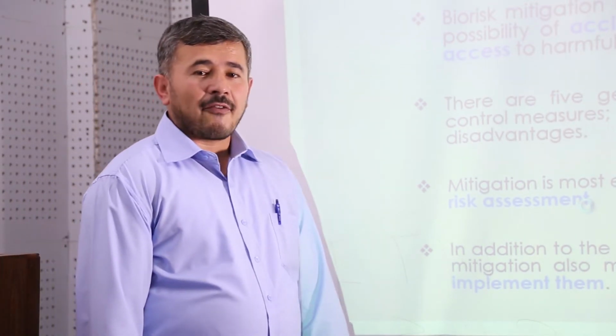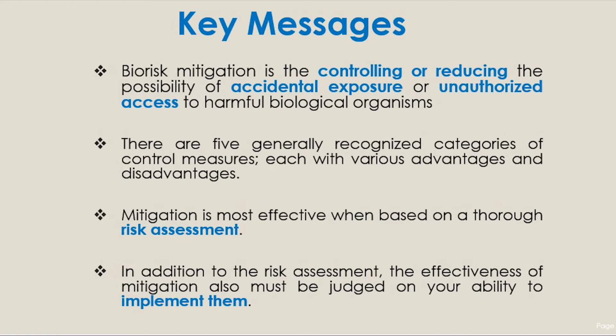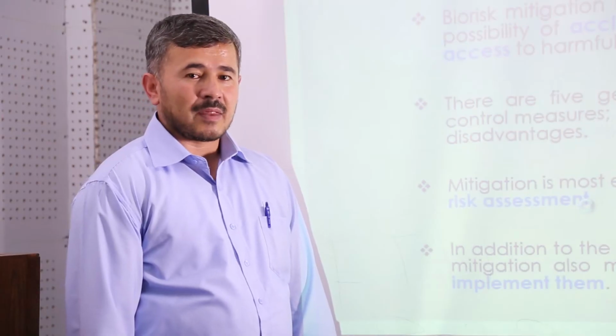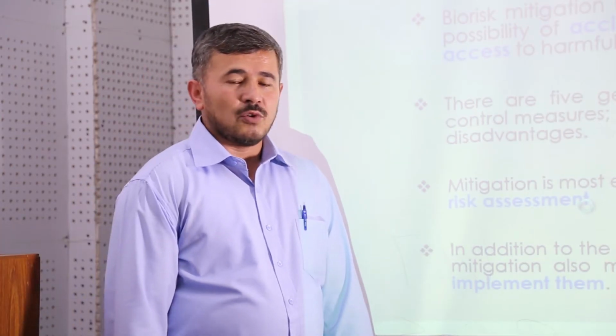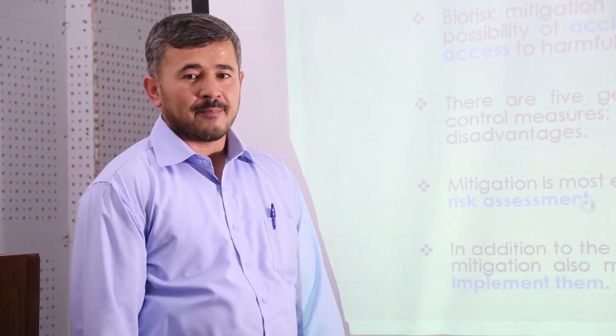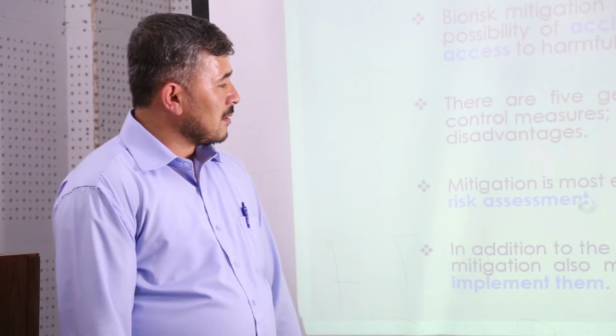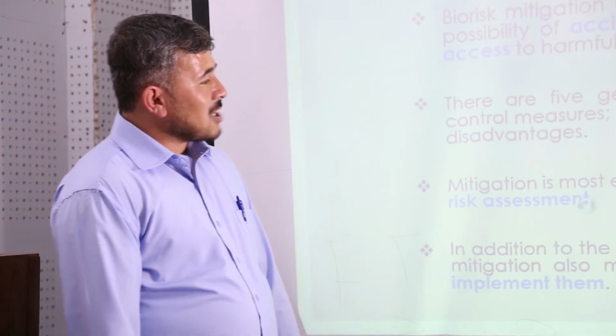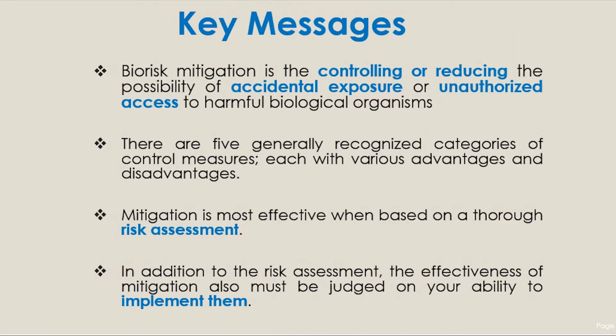Generally, there are 5 strategies of biorisk mitigation that can be applied to reduce the risk levels to an acceptable level. We can use one or all 5 strategies at the same time. Mitigation is most effective when it is based on risk assessment.